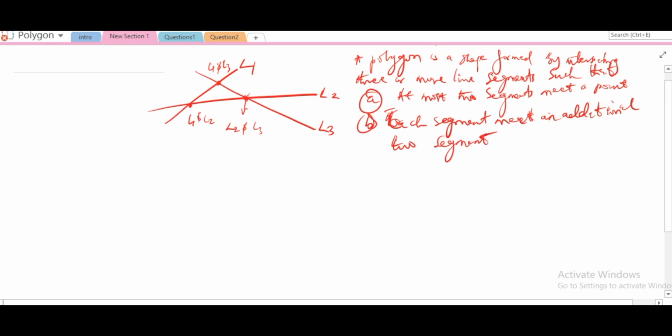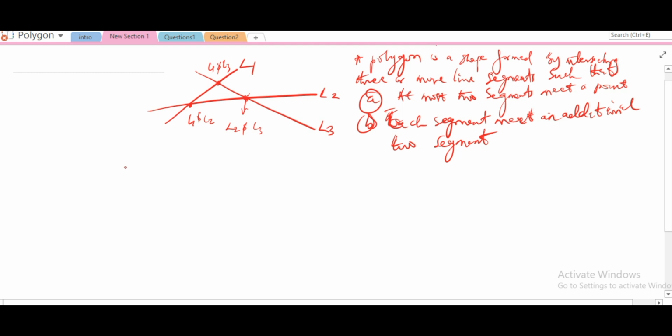So as you can see, our first diagram is a polygon. At most two, and also each of them meets. Like line 1 now meets line 2 and 3.